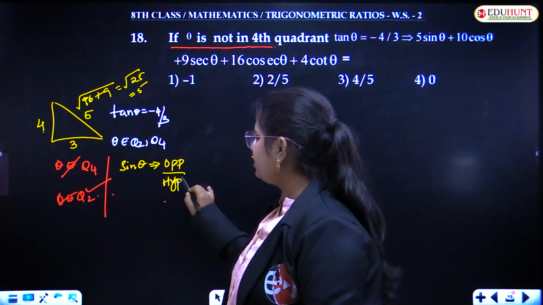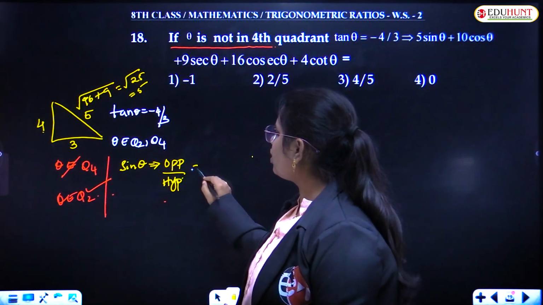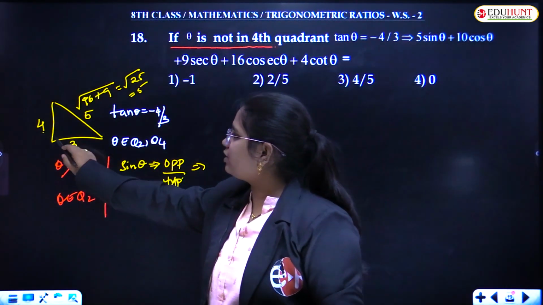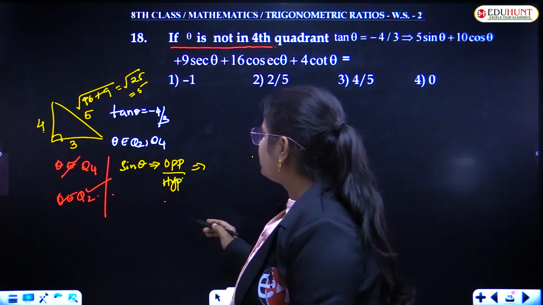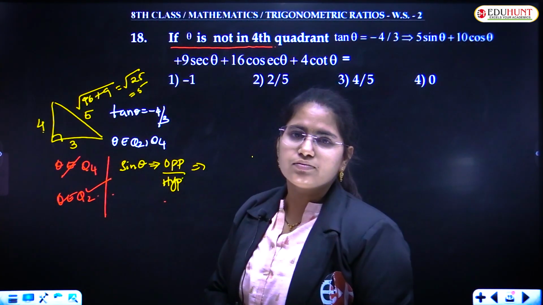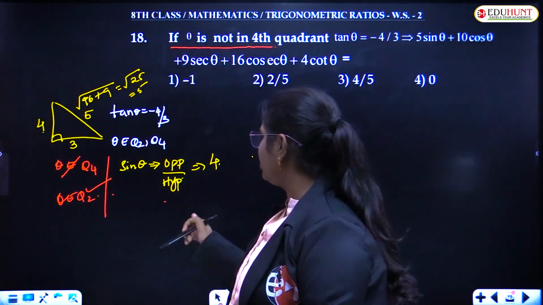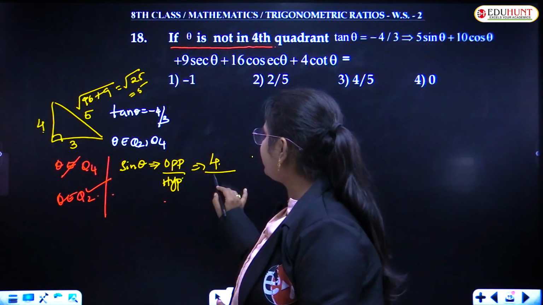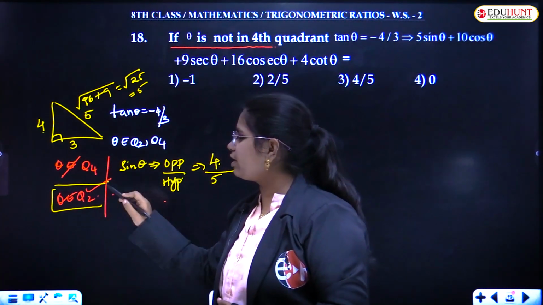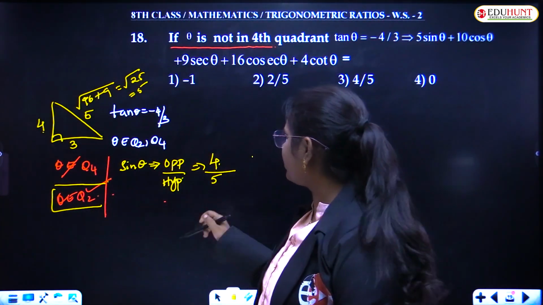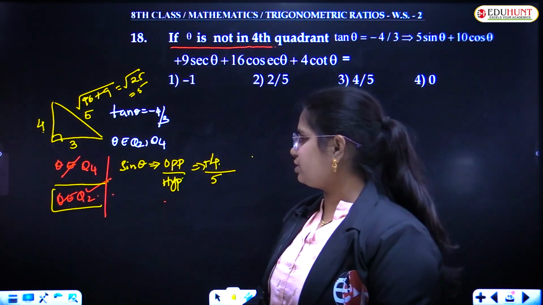The opposite side is 4 and the hypotenuse is 5. As theta belongs to the second quadrant, sine takes a positive value.